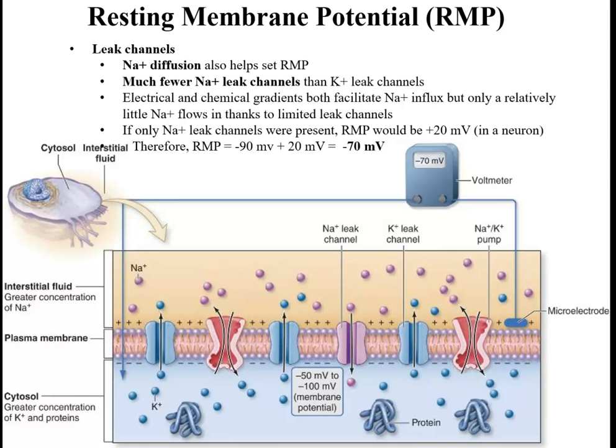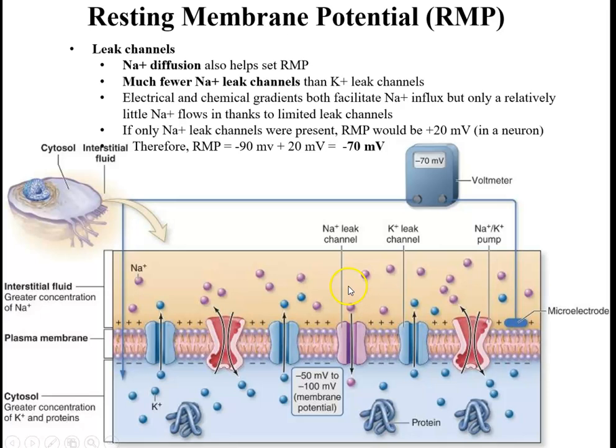It's important to know that sodium diffusion also helps set the resting membrane potential. You can even see on this picture here that there's much fewer sodium leak channels than potassium channels. The electrical and chemical gradients both facilitate sodium influx, but only a relatively little sodium can flow in thanks to the limited leak channels. So it's more negative on the inside of the cell, and it's more positive on the outside of the cell.